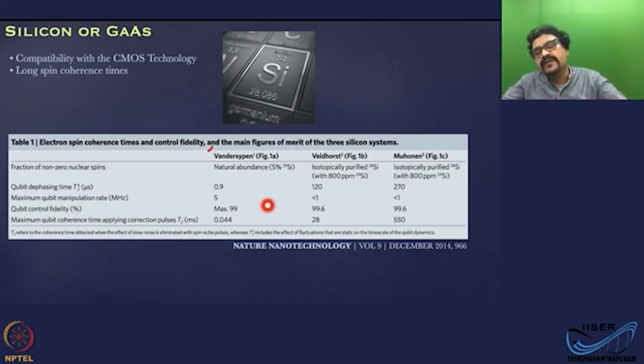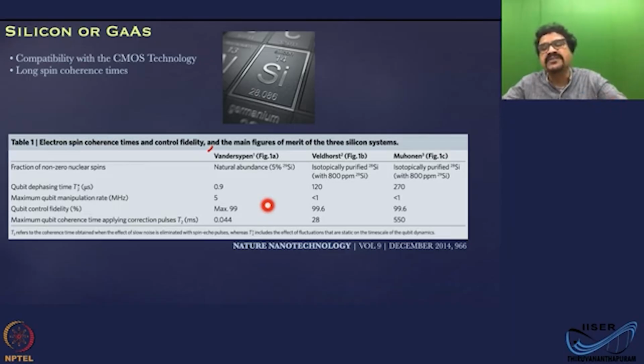So on top of that, silicon is compatible with CMOS technology. The industry knows pretty much every bit and piece of silicon, how to process it. This is almost a half-century-old, multi-billion-dollar industry.